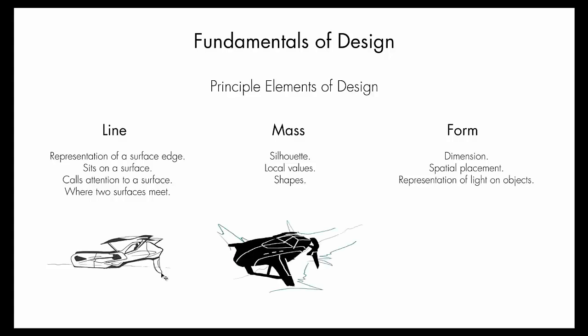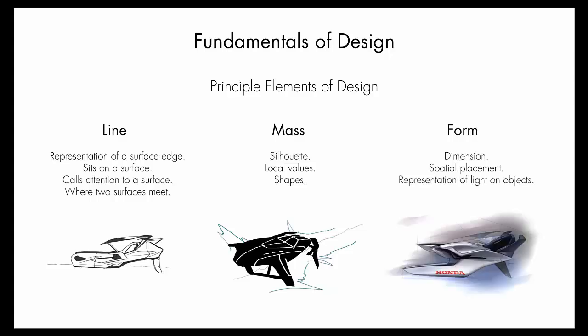Here's a mass sketch where I'm blocking out the general silhouette of an object using big blocky shapes. And I've got a little bit of line indicating the details and the contours, the shapes of it, which indicates a little bit of form, but it's mostly mass. And then here, I'm really rendering out the form of this object.